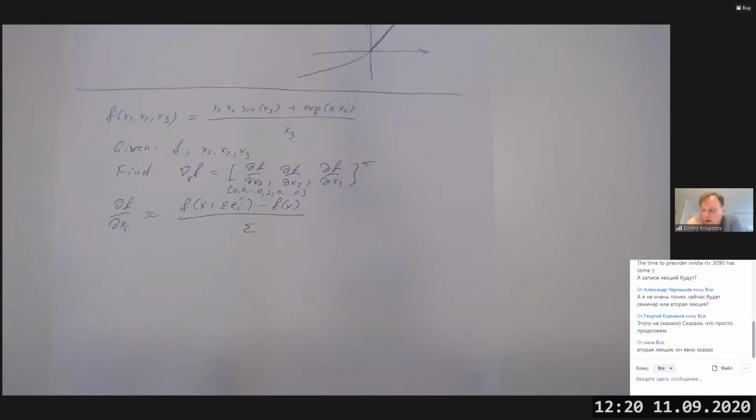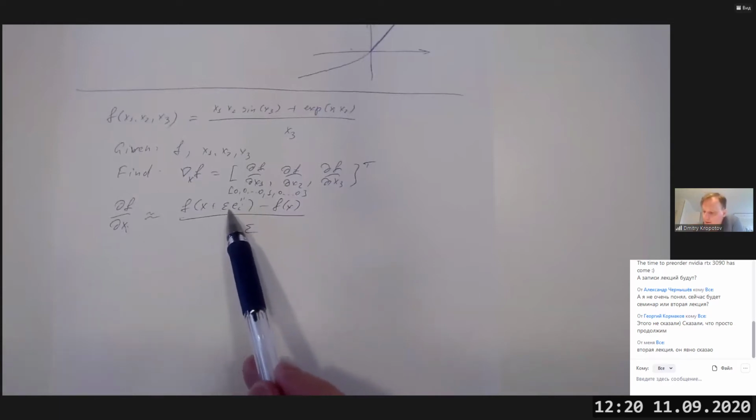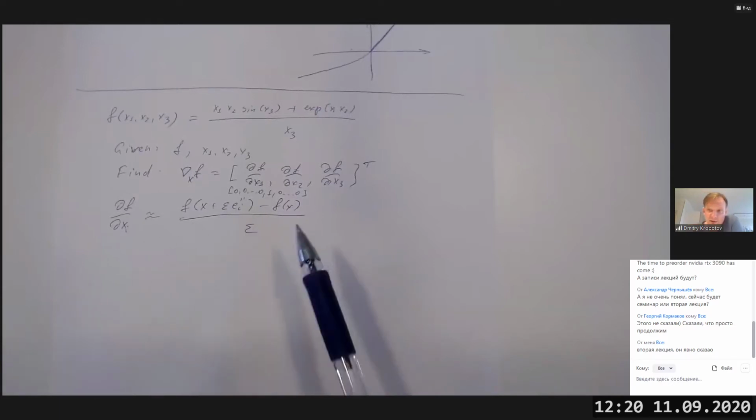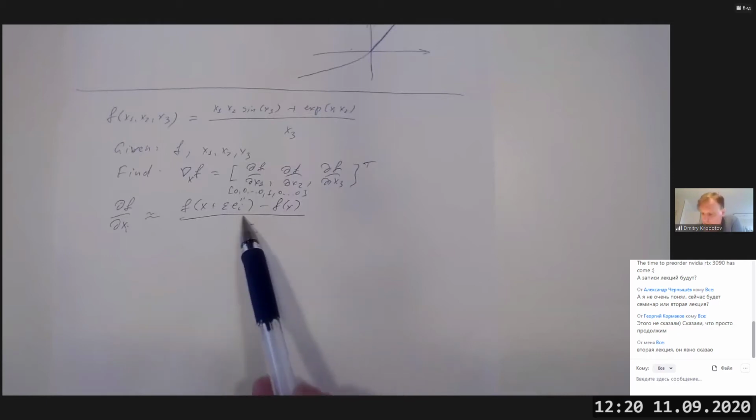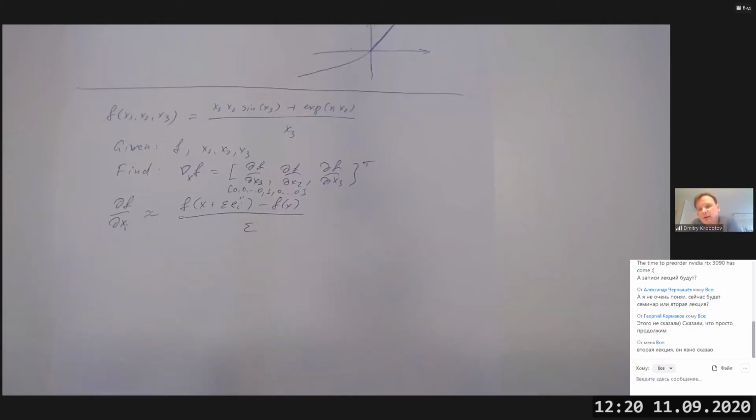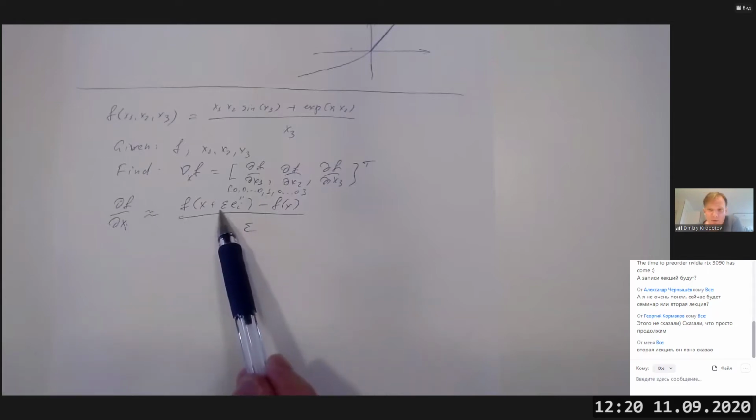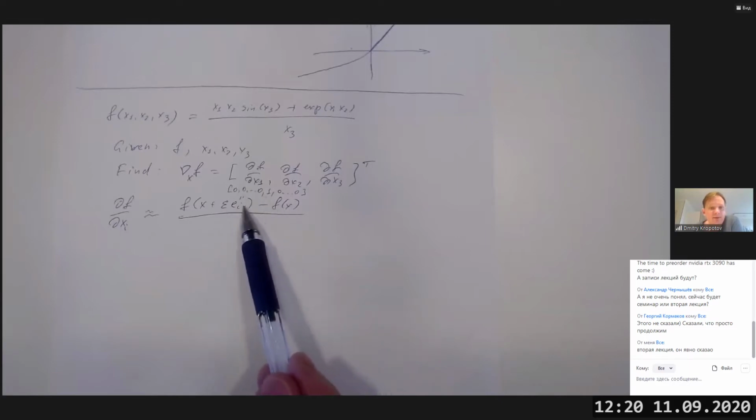And theoretically, the closer epsilon is to 0, the more accurate this formula approximating the true partial derivative would be. However, if we calculate this formula using float numbers, for quite small epsilon, we have a difference of two values which would be very close to each other.